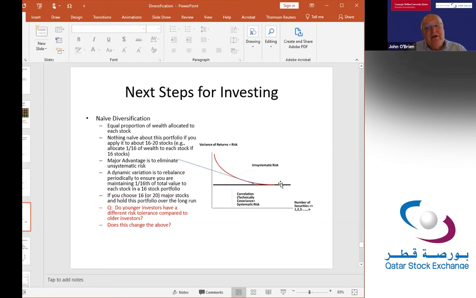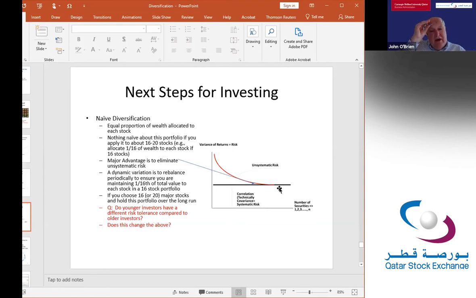And you're at least coming down to pretty close to the level of systematic risk. Now, to get below that, you'd have to get into market diversification, and fund managers use a form of it. They'll throw in their own additional constraints and tilts, and this will get them below that.